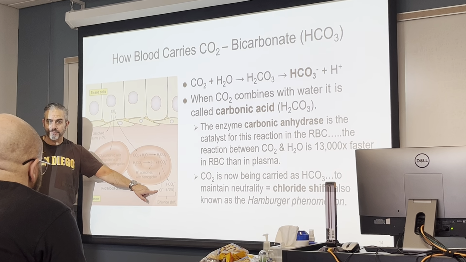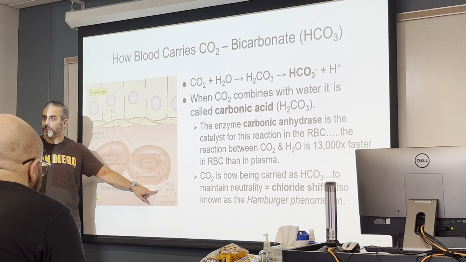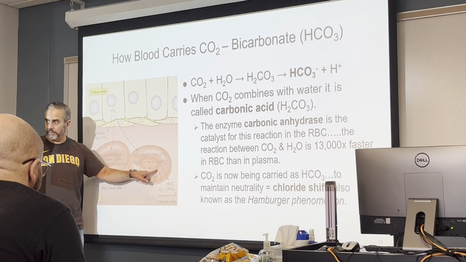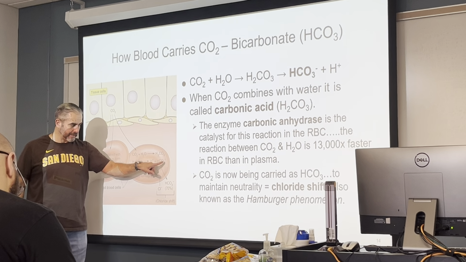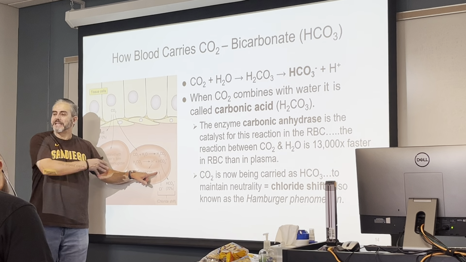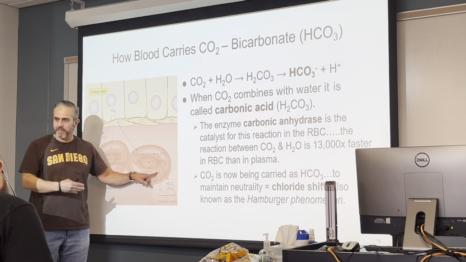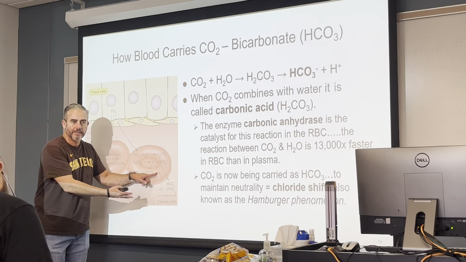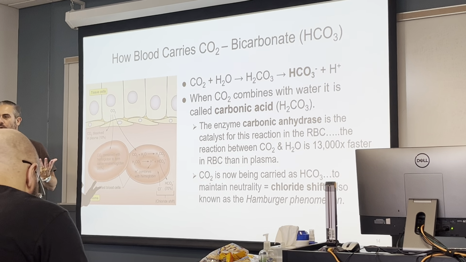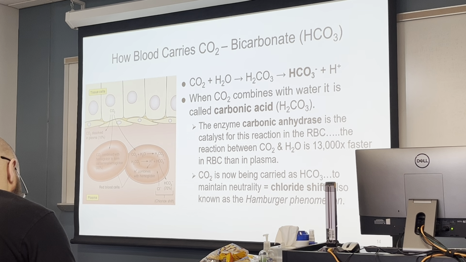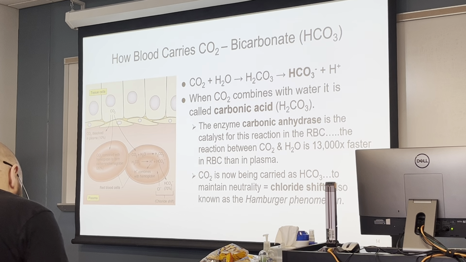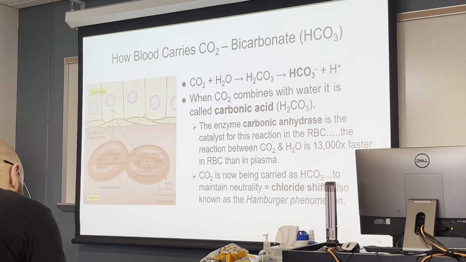Chloride, normally found out here in the blood plasma, also a negatively charged ion, will then enter the red blood cell, replacing that negative charge that was lost. That bicarb left the red blood cell, now you have chloride entering the red blood cell. And we call that the chloride shift. So here's the term chloride shift. That's chloride now entering the red blood cell because the bicarb left the red blood cell.